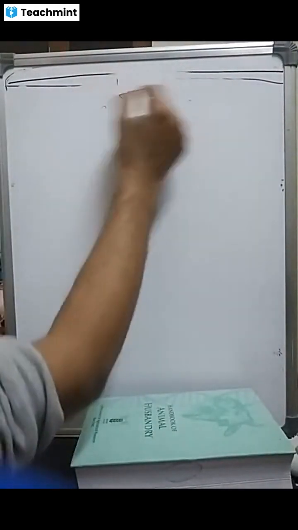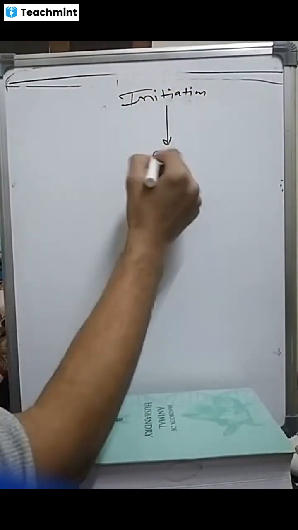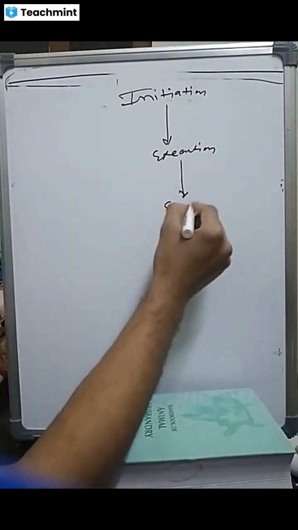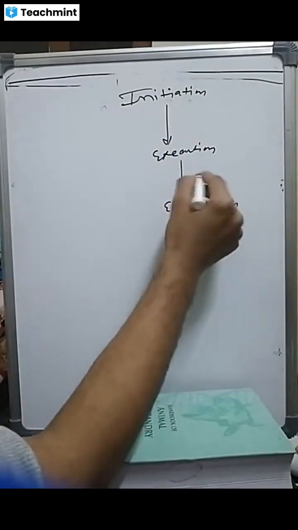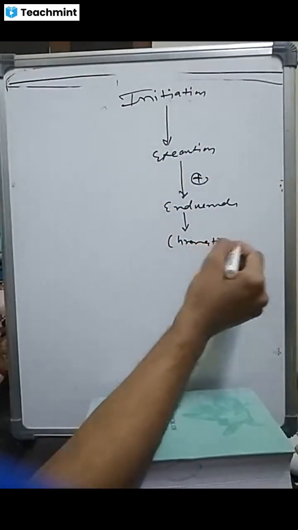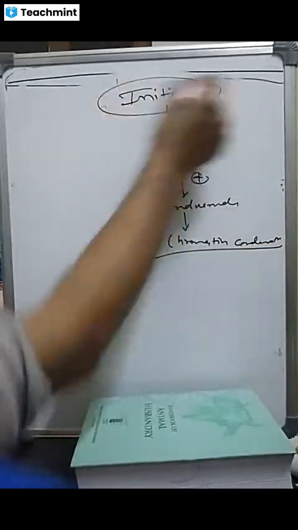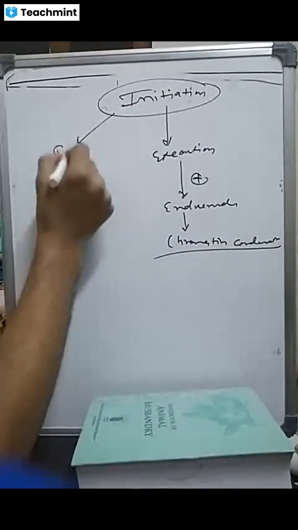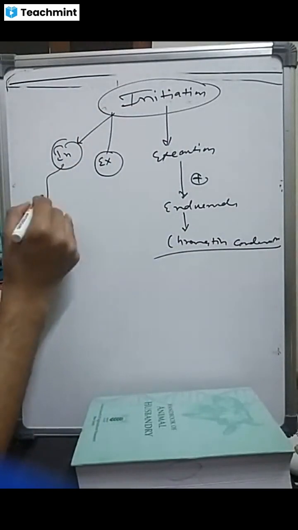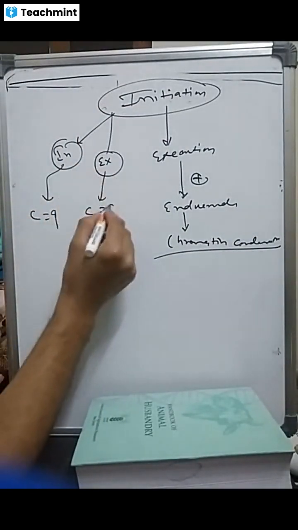The basic mechanism, as I told, is initiation, then execution, then endonuclease activation, and then chromatin condensation. This initiation involves the intrinsic pathway or the extrinsic pathway. Here caspase number 9, and for the extrinsic, caspase number 8.